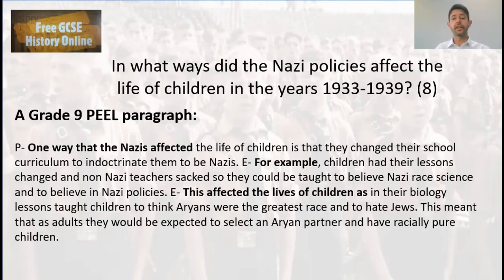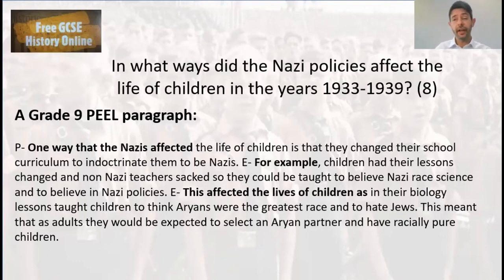This affected lives as in their biology lessons they're taught to think that Aryans were the greatest race and maybe to hate Jews. This meant that as adults, they were expected to select an Aryan partner to marry and have racially pure children. So it started to make children more racist and have strong racial ideas.